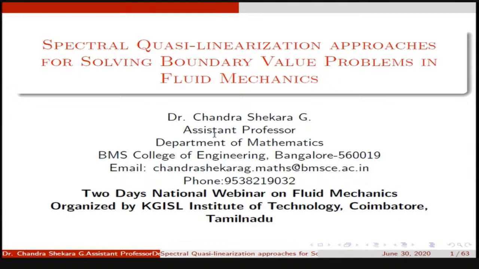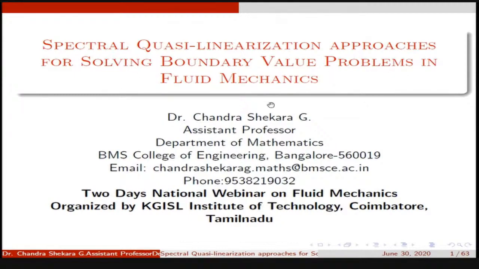In continuation of that talk, today I'm going to present on the post processing of that mathematical modeling, whatever yesterday Hakim sir has explained. So today my topic is spectral quasilinearization approaches for solving boundary value problems in fluid mechanics.